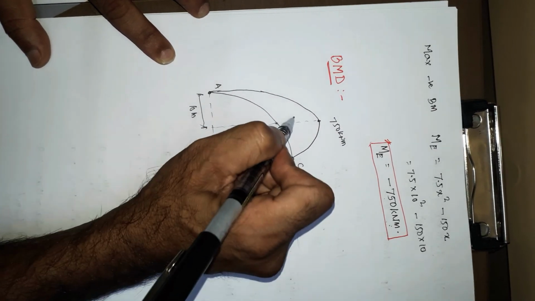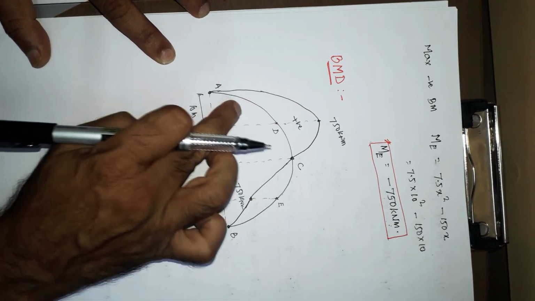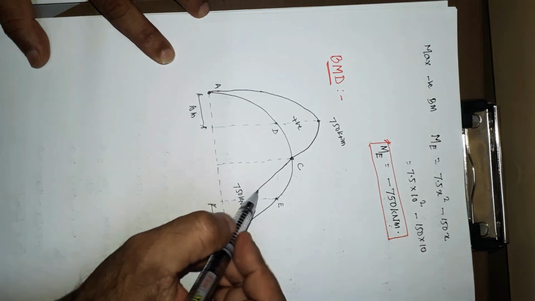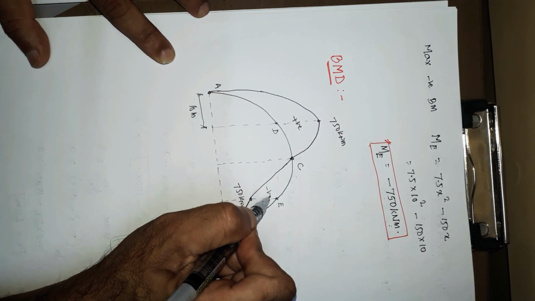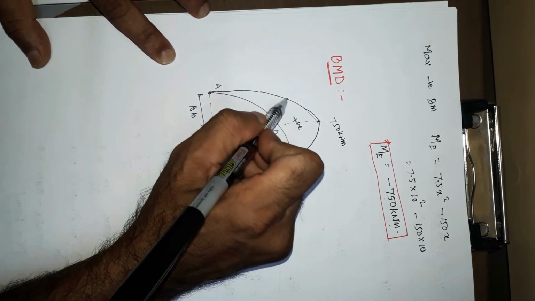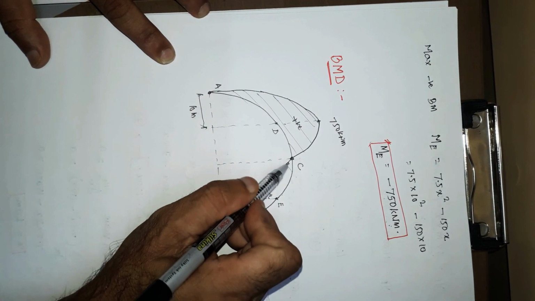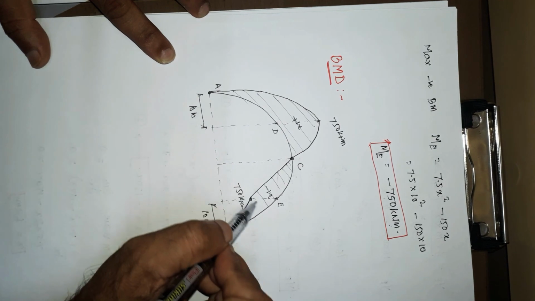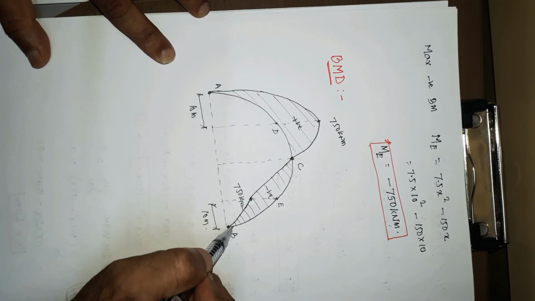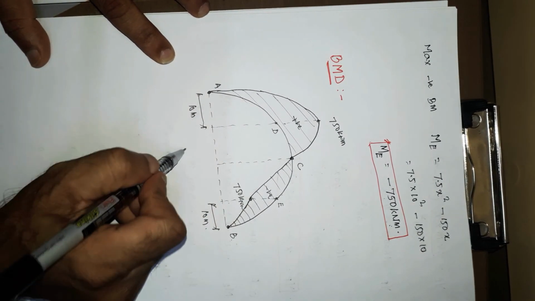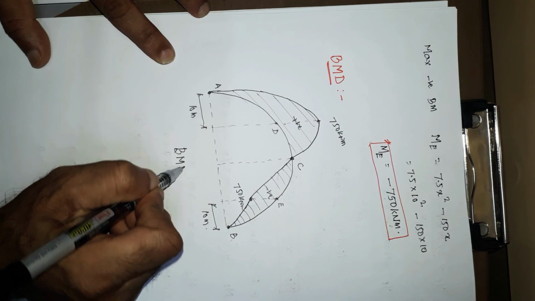So you can observe this is positive because it is above the arch, and this portion is negative. So this is what is called the bending moment diagram.